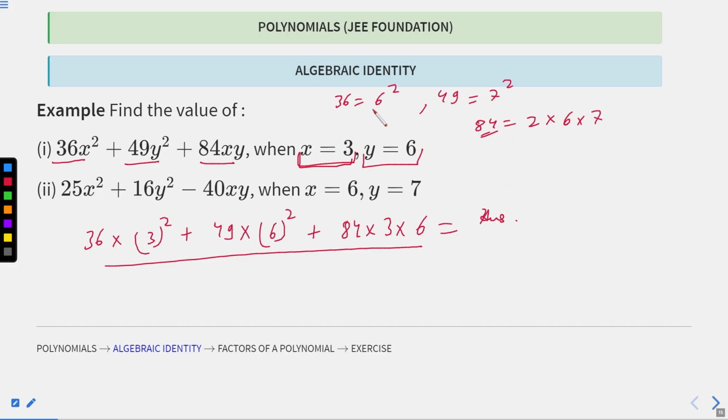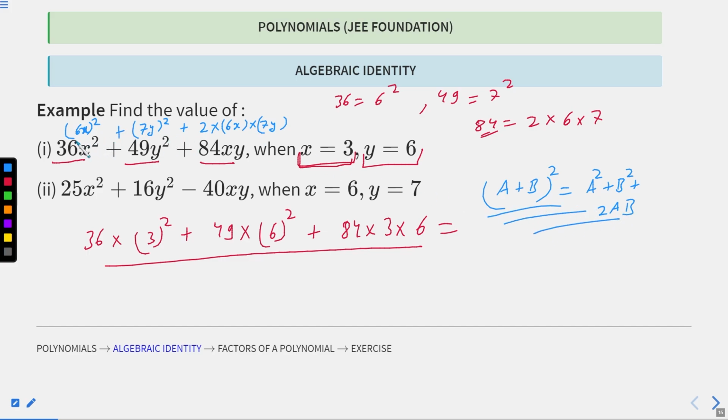So it is quite easy to see that I can write this as 6x whole square plus 7y whole square plus 2 times 6x times 7y. If you see a plus b whole square, it equals a square plus b square plus 2ab. So this is my identity which I will be applying here.